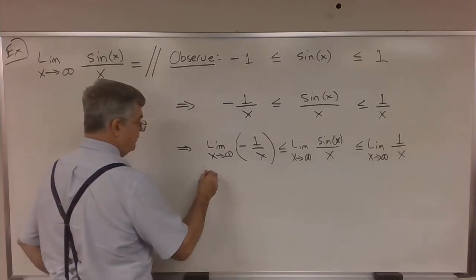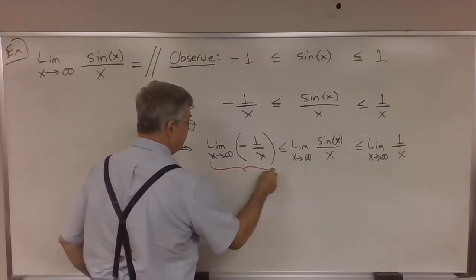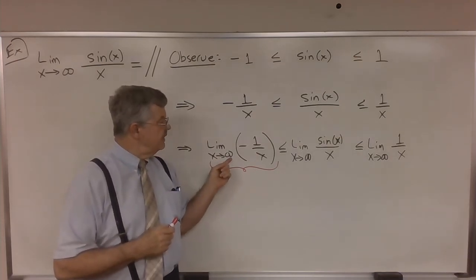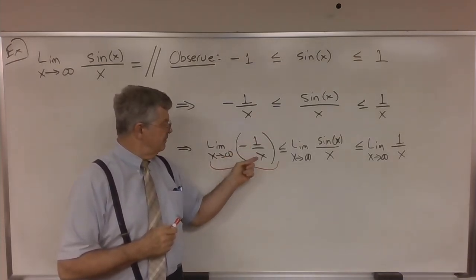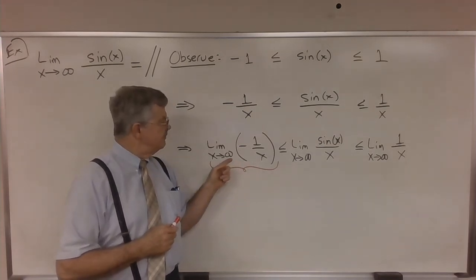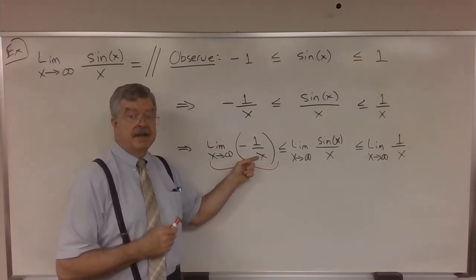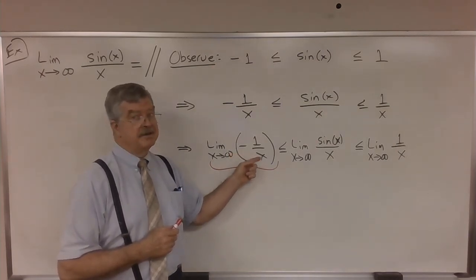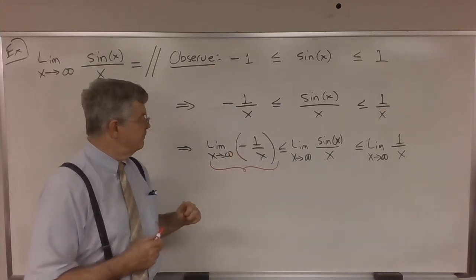And notice something. As x goes to infinity, the denominator is going to get huge. So we have little number over big number, where the denominator is getting bigger and bigger.